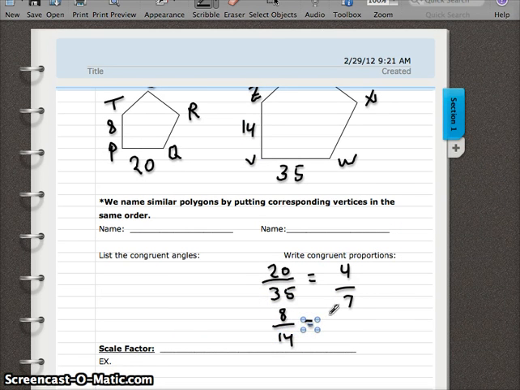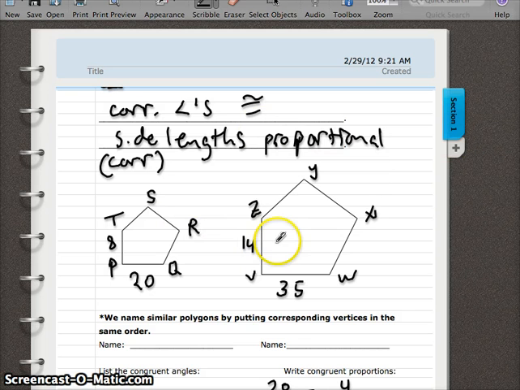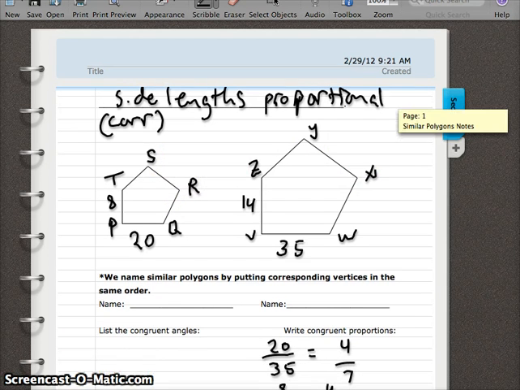If we reduce that, divide both by 2, we get 4/7. So these two sides are in proportion. So we know that these shapes are proportional. And if we continued to compare corresponding sides like SR to YX, then we would get the same ratio, 4/7.